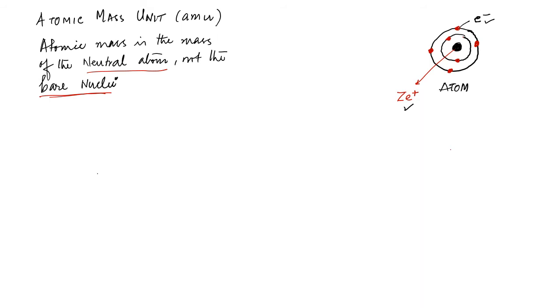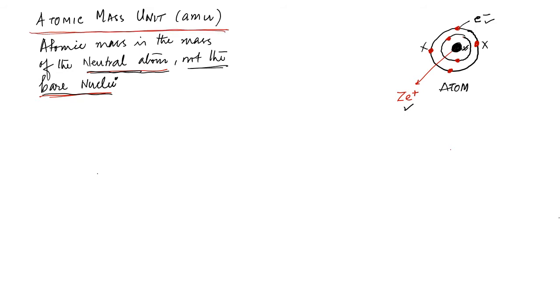So the atomic mass is the mass of the neutral atom, not the bare nuclei. Bare nuclei means that we don't have these electrons around this nucleus, only this part, not the electrons revolving around it.